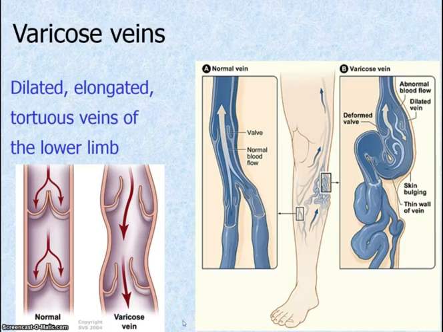Now, the varicose veins. When you start your surgical appointment, you will see many patients with varicose veins. They are defined as dilated, elongated, and tortuous veins of the lower limb.